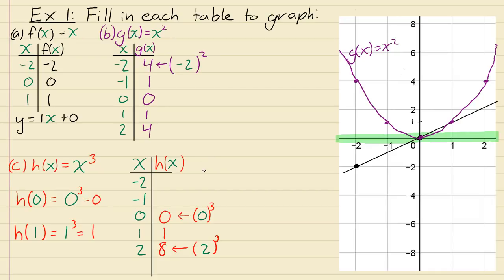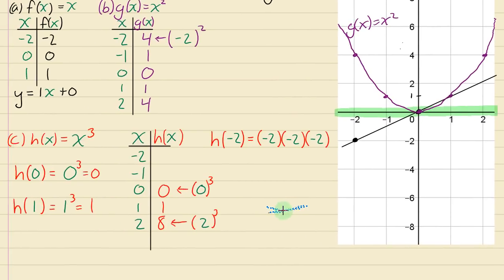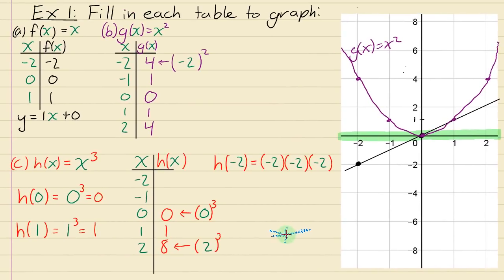If you have a negative number, remember a negative number cubed is still negative. So for example, when you plug in h of negative 2, the two negatives are going to cancel out to make positive 4. And you'll get 4 times that last remaining negative 2, which gives you negative 8. And if you plug in negative 1, negative 1 times negative 1 times negative 1 comes out to negative 1.